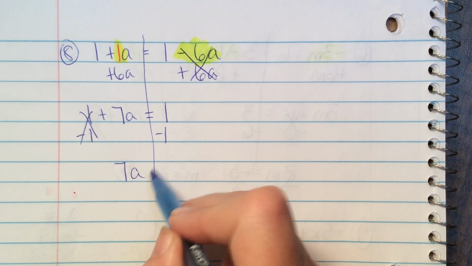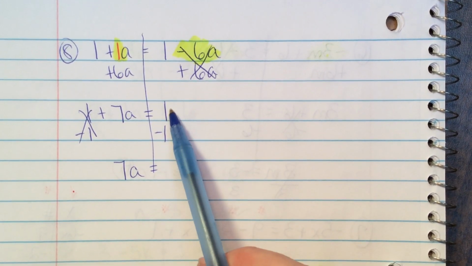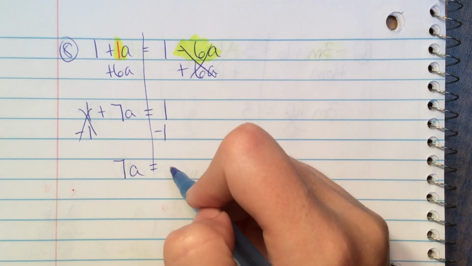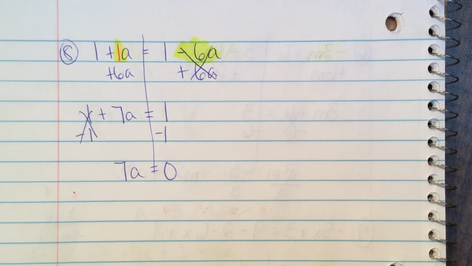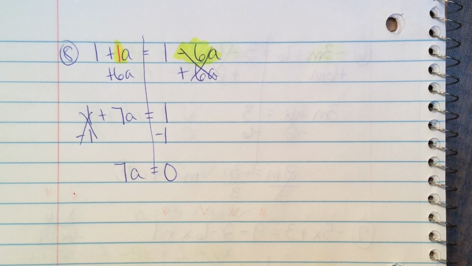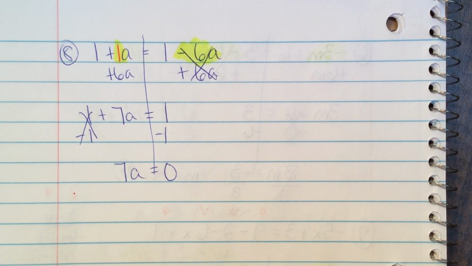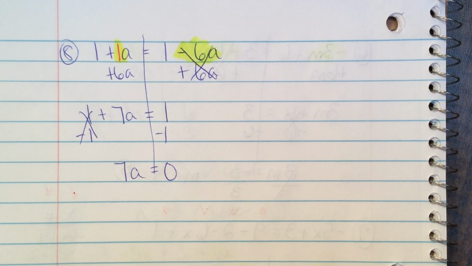And we're going to get 7a equals, and here's the weird part, when you take 1 minus 1, you're going to get 0. And that's okay, because 0 is a real number. 0 is just as real a number as 7, or 81, or 99. It doesn't matter. Don't be afraid of 0.